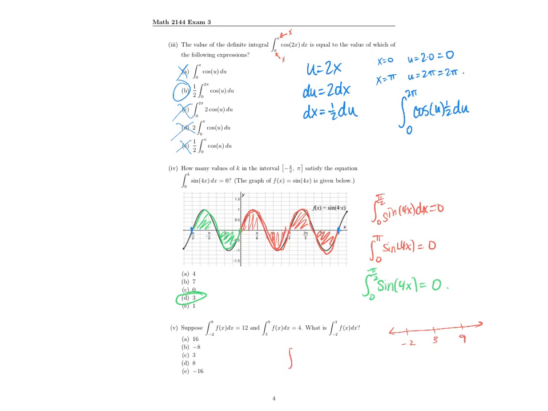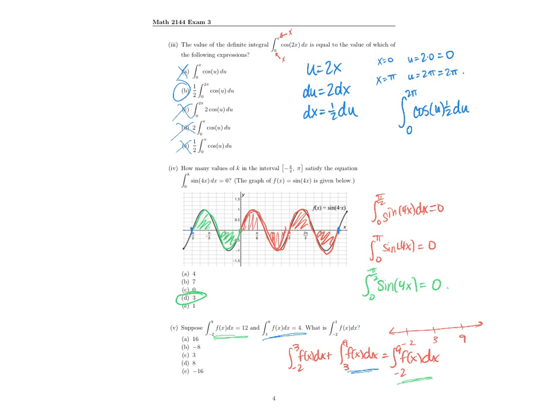okay, so I know that the integral from negative 2 to 3 of f of x dx plus the integral from 3 to 9 of f of x dx should be equal to the integral from -2 to 9 of f of x dx. Okay, I have a value for this one. So this is equal to that one. And I have a value for this one, which is that one.